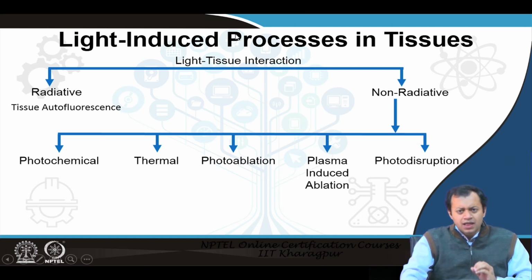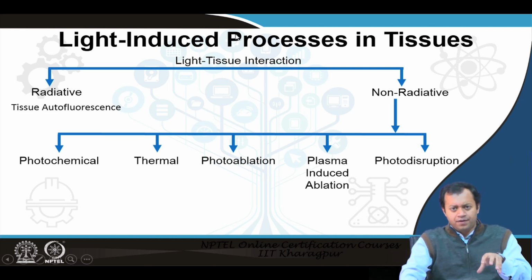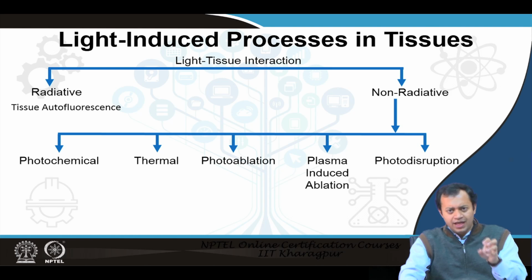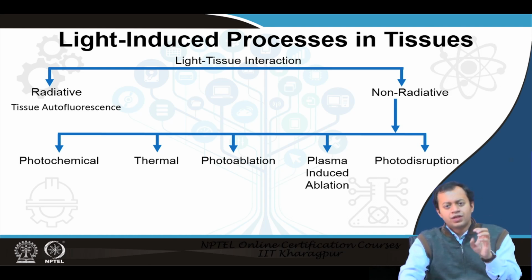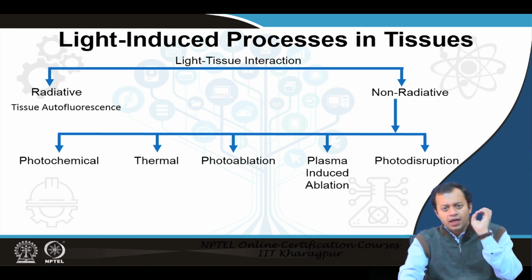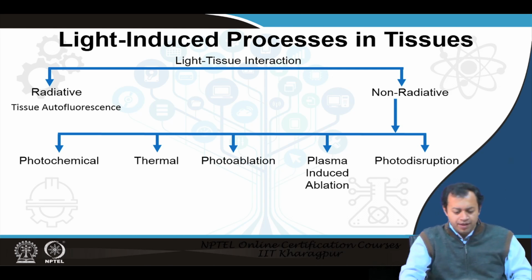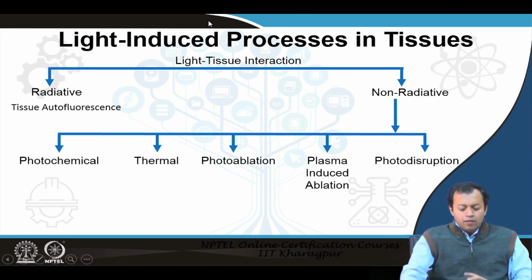So, what is the so what part of scattering of light with tissue? What happens actually when light has hit the tissue and got scattered away? Two major processes, radiative and non-radiative.